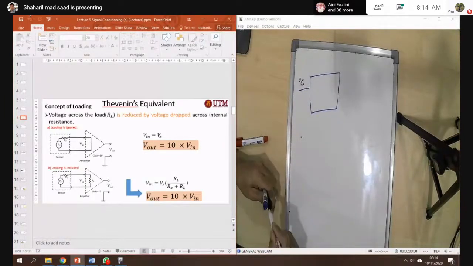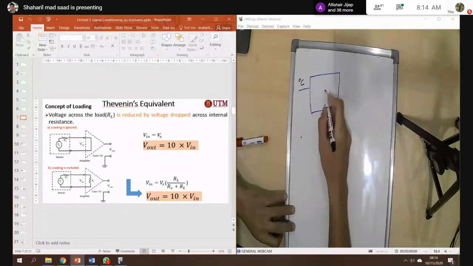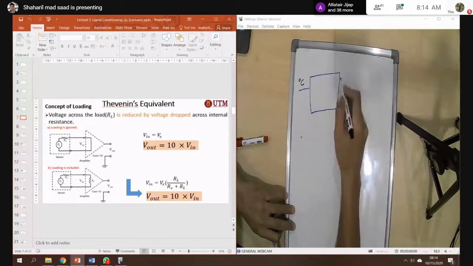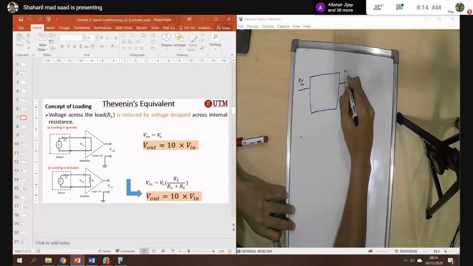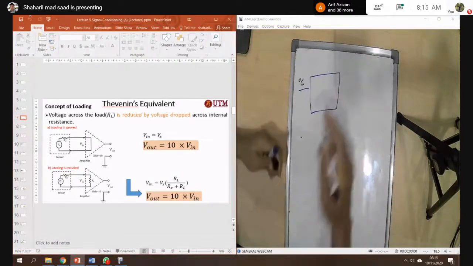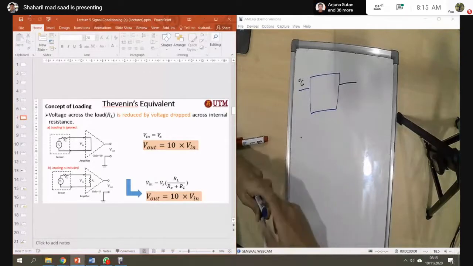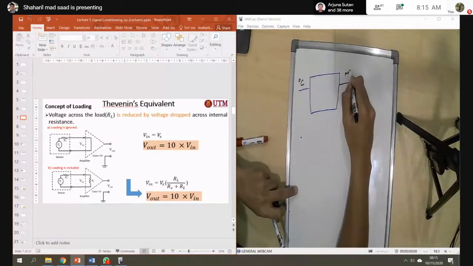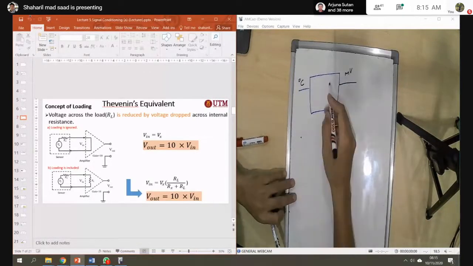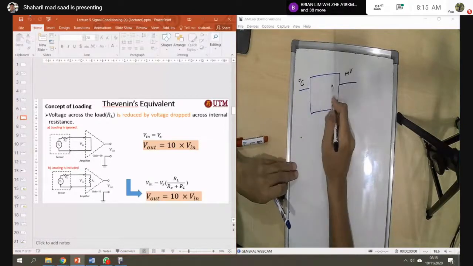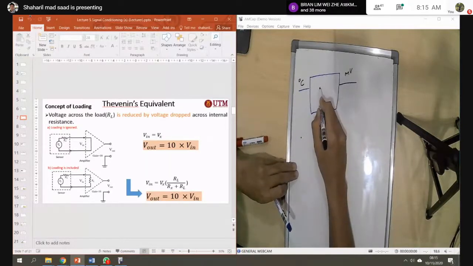So what happened? It will generate some voltage here, let's say in millivolt. So actually, this is the internal transducer.